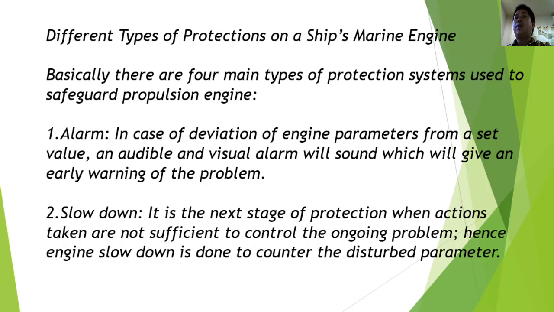So if the oil pressure falls below 2.5 bar while the engine is running, it will give an alarm of low lube oil pressure. So that is an alarm. For example, the normal pressure is 5 bar or 4.5 bar, but the pressure is 3.5 bar, so there is an alarm. That is a deviation of engine parameters from a set value.